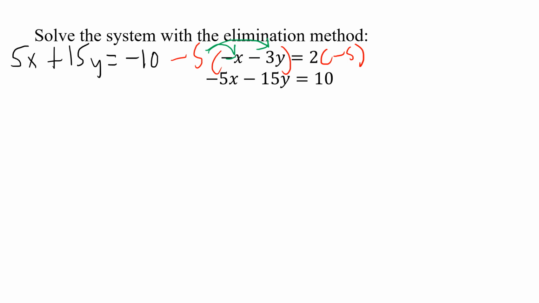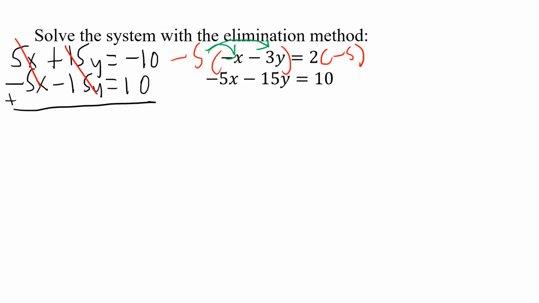And then we need to copy down that other equation right below. And now that we have opposites, we can add them up. So we have 5x and negative 5x, those cancel. 15y and negative 15y, those cancel. Negative 10 and 10, those cancel. And all we're left with is 0 on the left side and 0 on the right side.